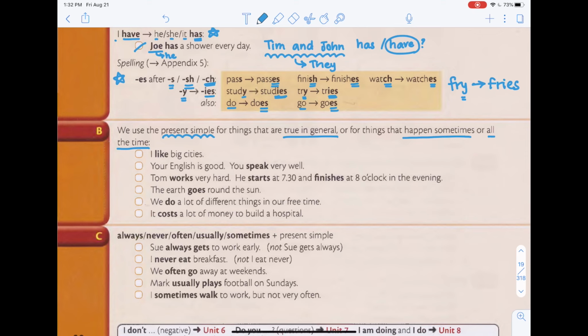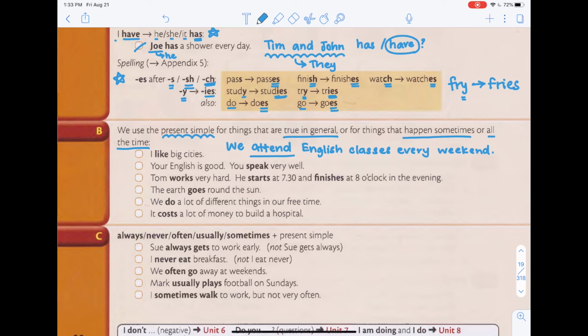We attend English classes every weekend. So on Saturday and Sunday, you come to this English class and attend, so you say we attend English classes every weekend. So this is an example of a present simple.